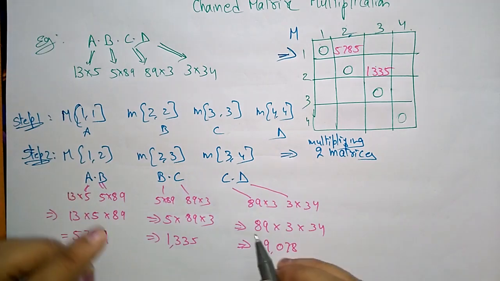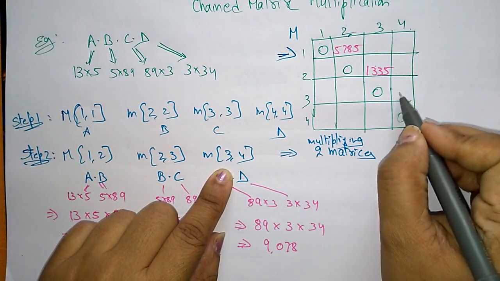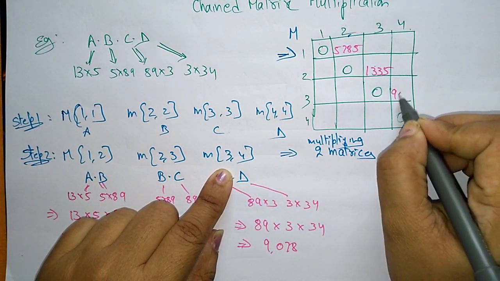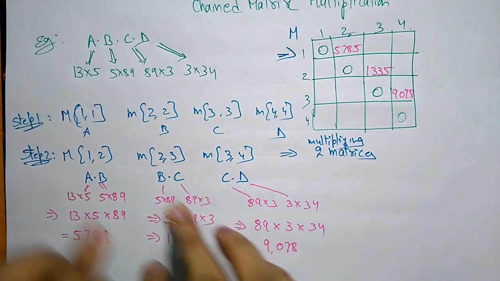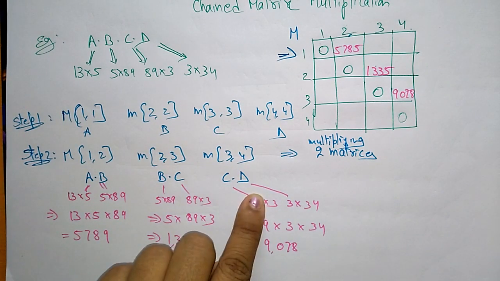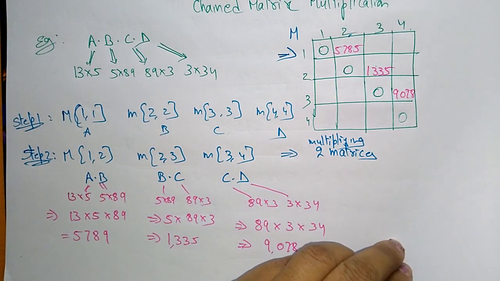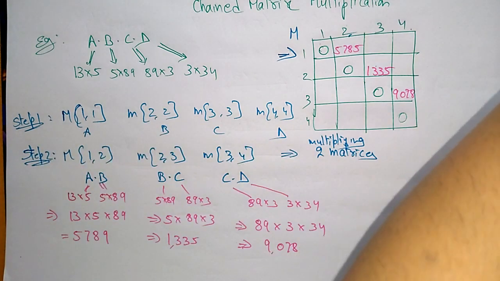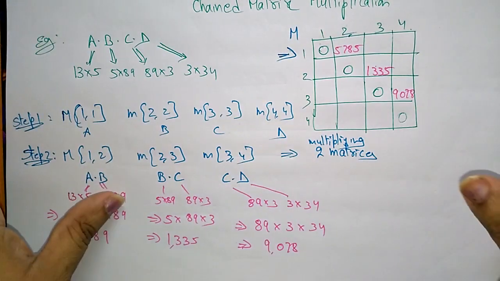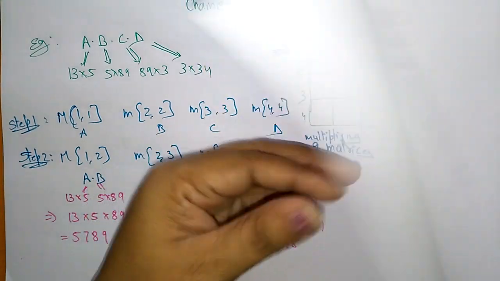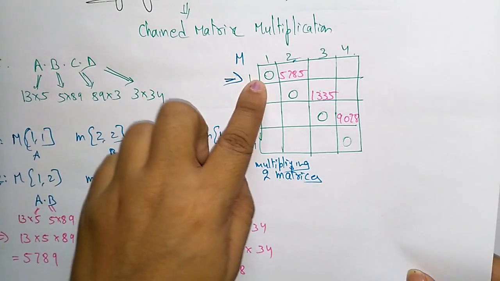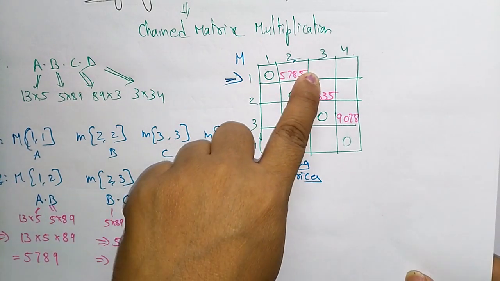So that is M of 3, 4: 9078. So the multiplication of two matrices is over. Now let us take three matrices. 1, 1 is over, 1, 2 is over. Now take 1, 3.